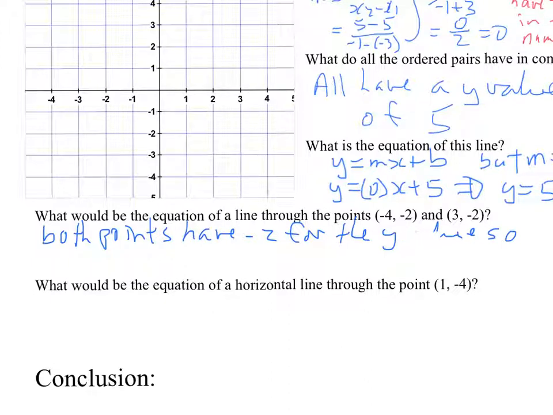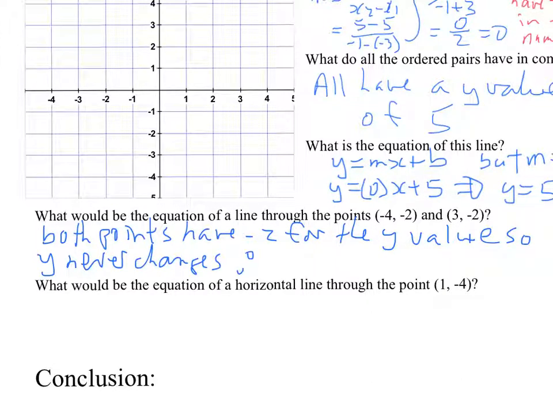Y equals -2 for the y value. So, y never changes. Therefore, horizontal. Therefore, what do you think the equation of the line would be? Y equals -2, yes, we'd already heard that there, from our man from Bowmanville, Sam Baker. All right, so that's nice and easy.